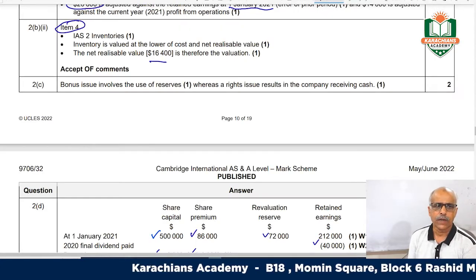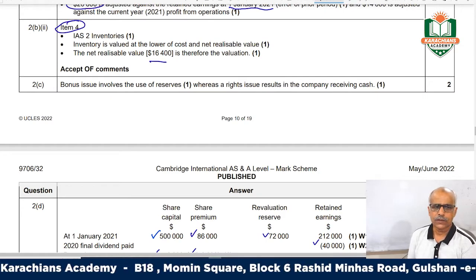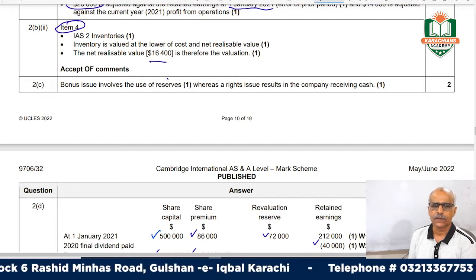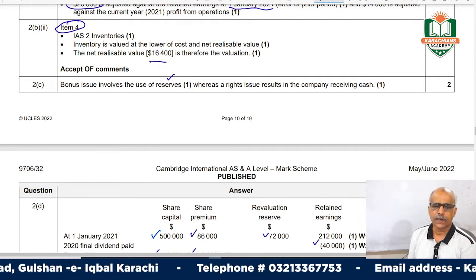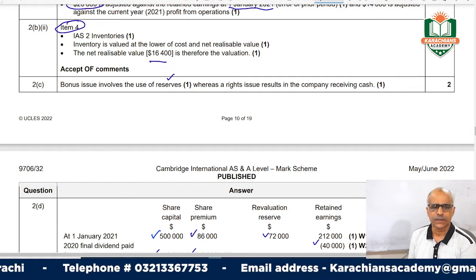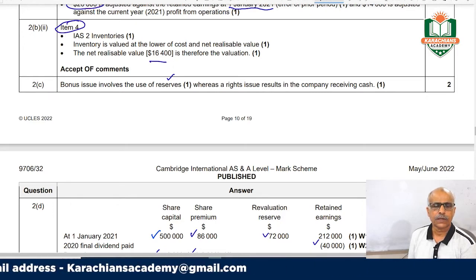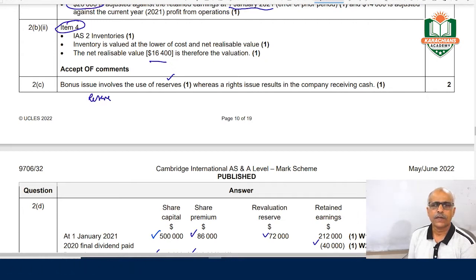We can see what the marking scheme is saying. Bonus issue involves the use of reserves. As I have told you, you can issue from retained earnings or from reserves. You debit reserves, and reserves means revenue reserves, not capital reserves.